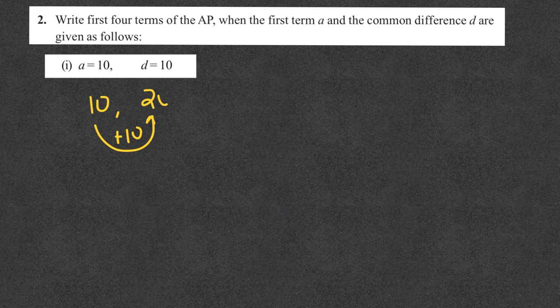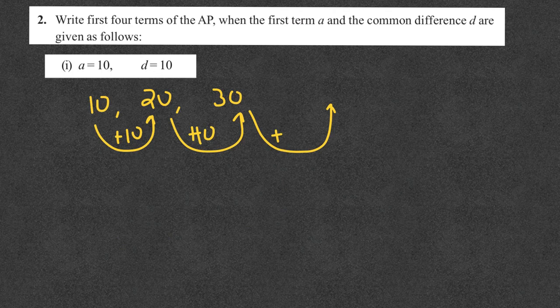It's going to be 20. So what will be the third term? Add 10 to it. So it's going to become 30. The fourth term, add 10 to it, and it's going to become 40. So the series are 10, 20, 30 and 40.